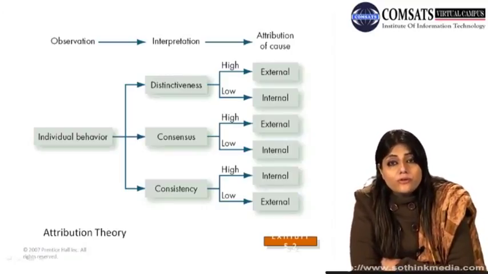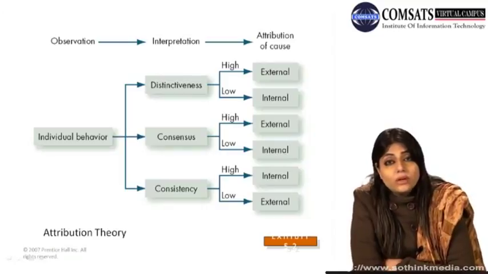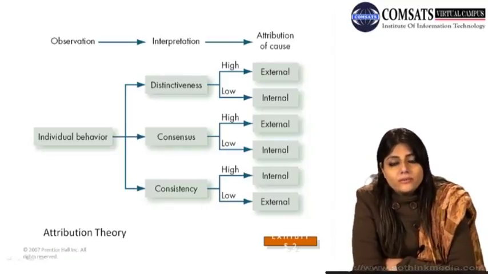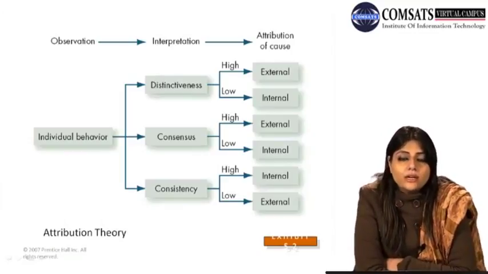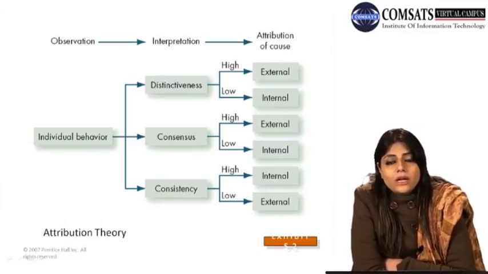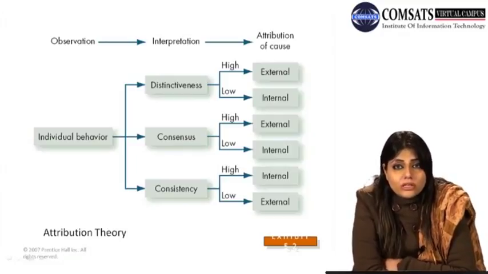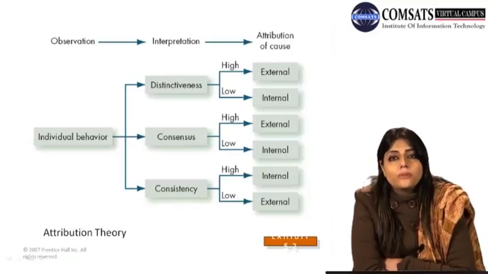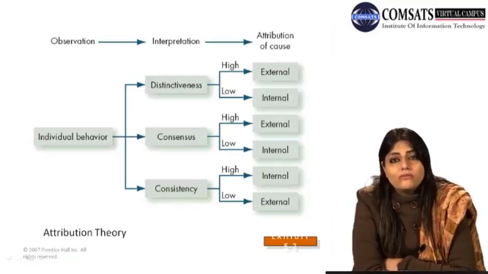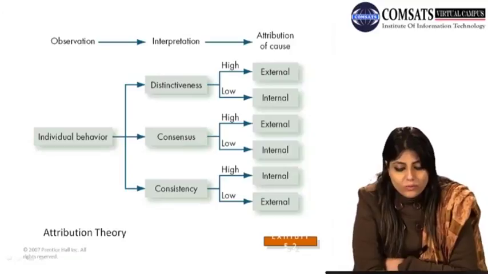Then it means that a large number of people who use this route were also late. Then there is a consensus, and again it would assure you that this late coming is attributed to the external factors beyond the control of the individual, and it is not because of the individual himself, the individual factors are not responsible.